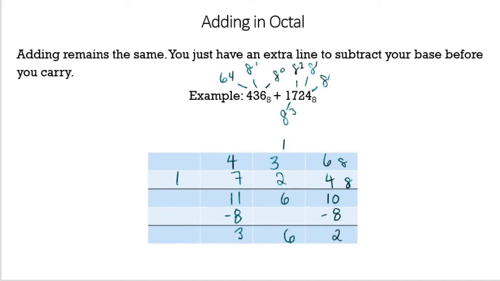That leaves us with 3 in, what is this? This is the 8 to the power of 2. This is the 64's place. And we'll carry the 1 to the 512's place. And we have 2 here. We're allowed to keep 2 because it's less than 8, so we're good to go. So our final octal answer is 2362.